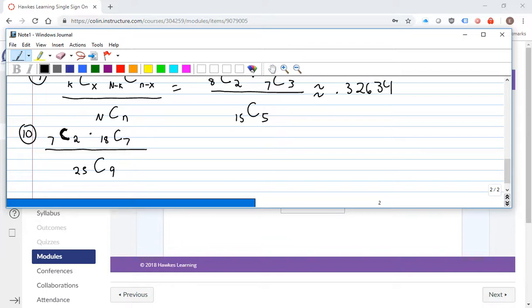So either do that in a calculator or do it out by hand, but whenever you do all of that, you should get 0.327122, and so on and so forth. If we round to 4 places, that's 0.3271. Alright, so that's what we want to put in.